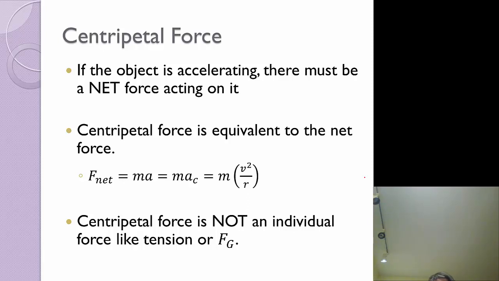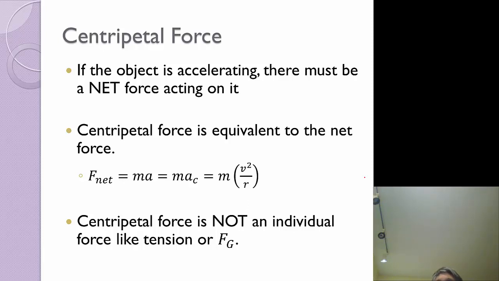In the example of my flying pig, there was no second object. The force was towards the center of the circle, but there was nothing in the center of the circle. So that's why centripetal force is a bad term, because what we describe as centripetal force is really just the net force.